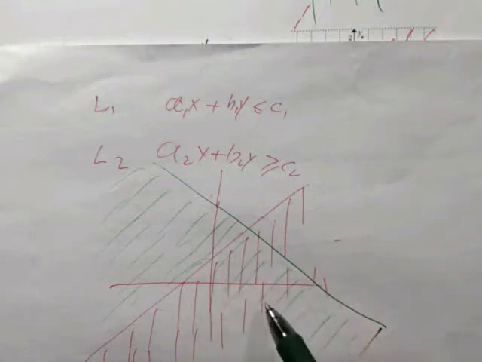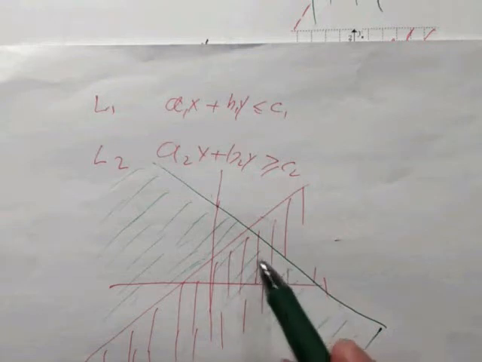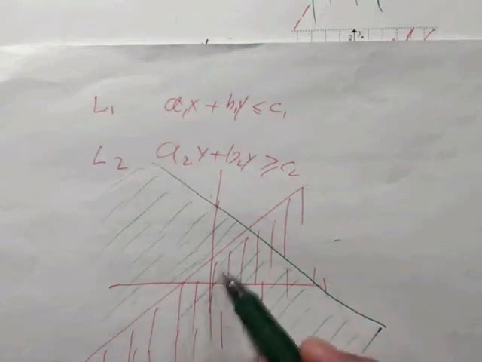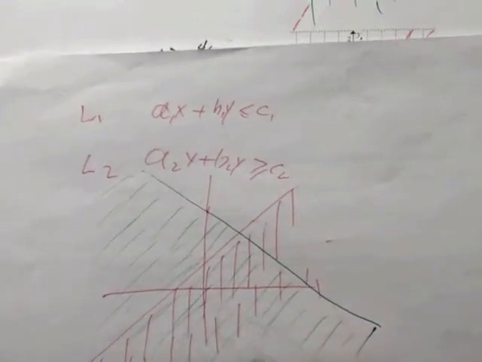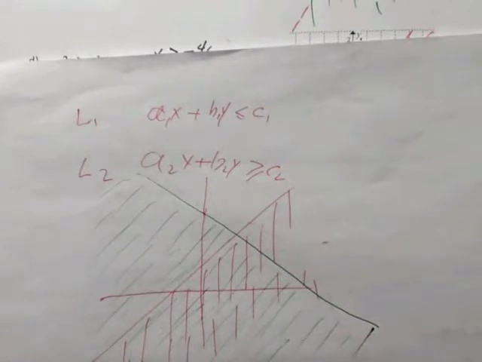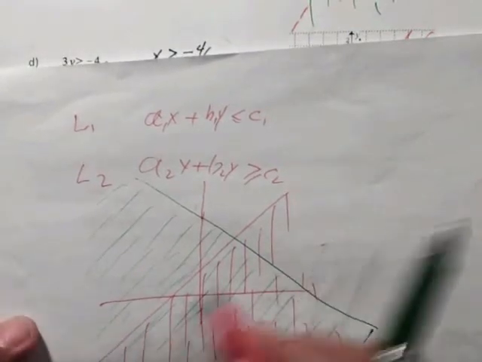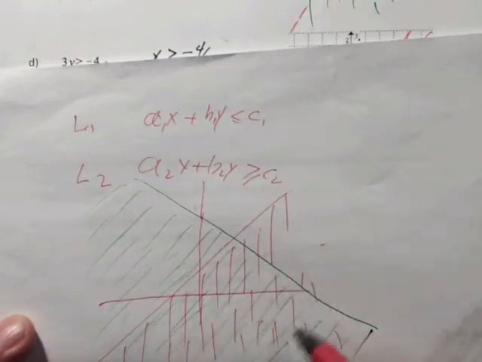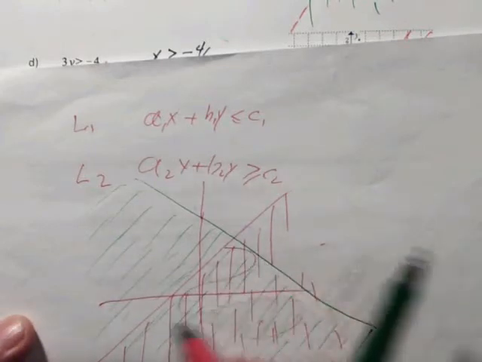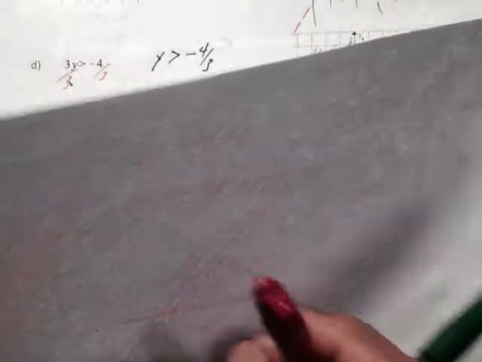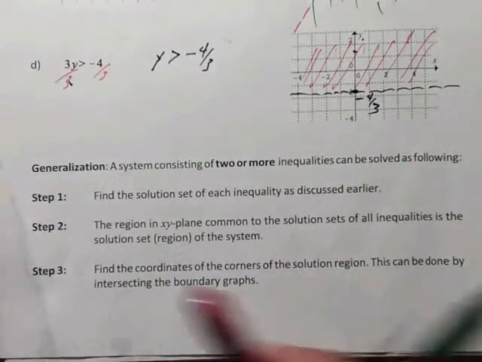The answer is that the region with both colors shares both solutions. In our case we have green here, and we also have red. So this angular thing down here is our solution. Okay, so that's the generalization of the situation.